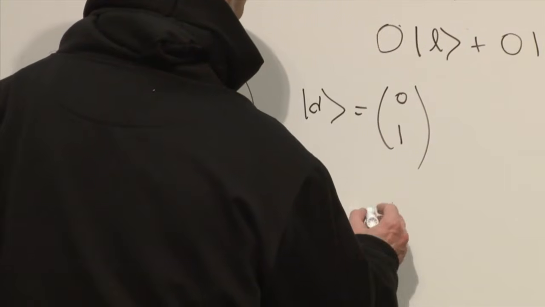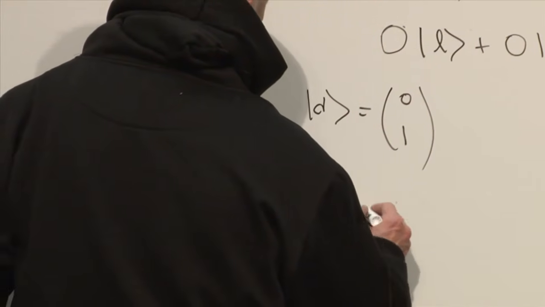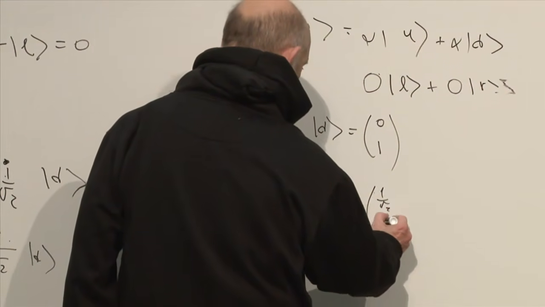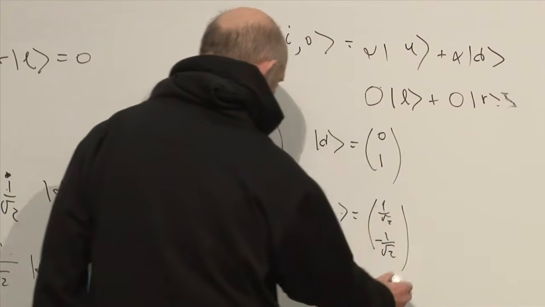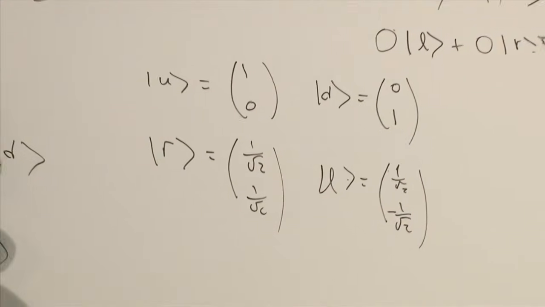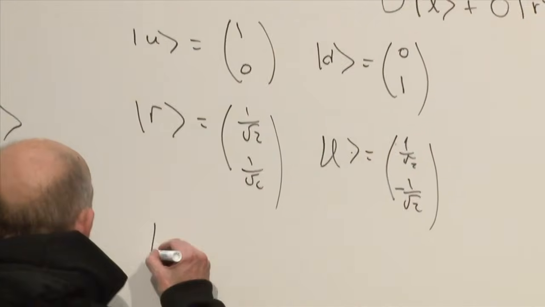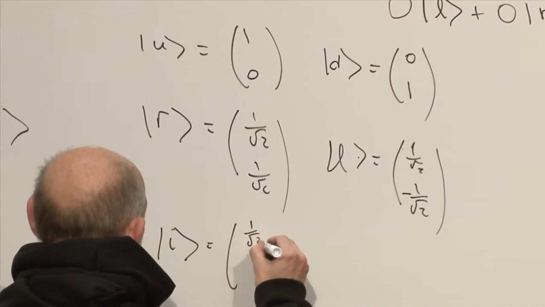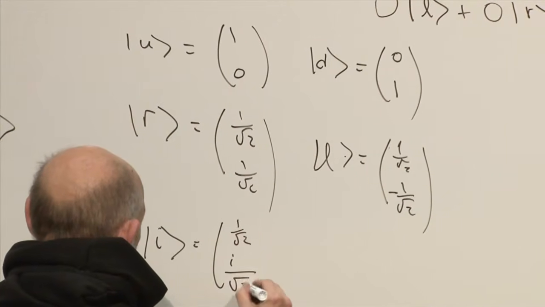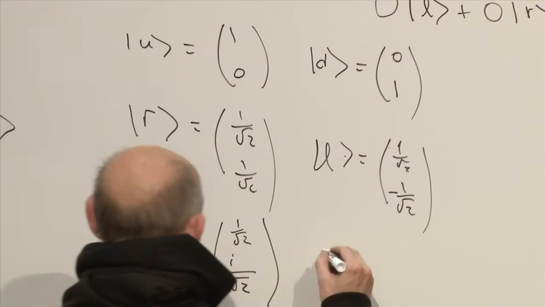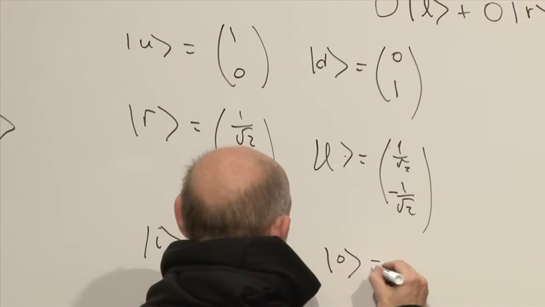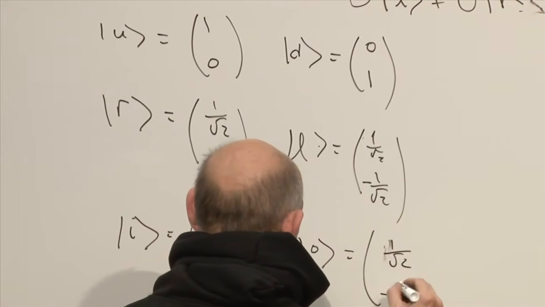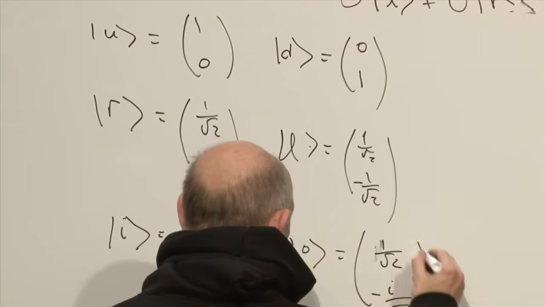Left, that's equal to 1/square root of 2, minus 1/square root of 2. And now let's put in. In is 1/square root of 2, i over square root of 2, and out is equal to 1 over square root of 2, minus i over square root of 2.